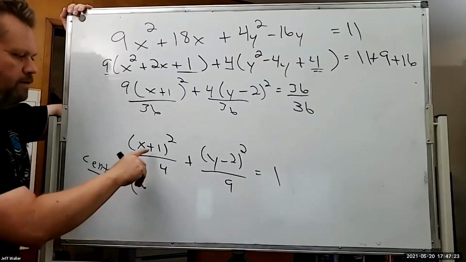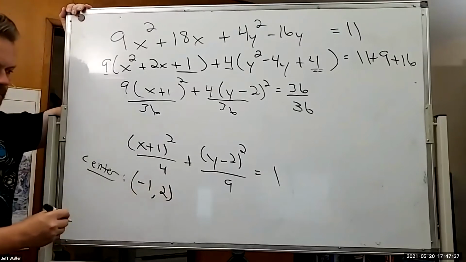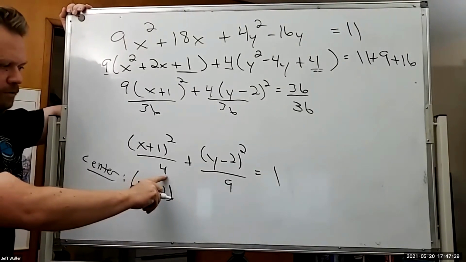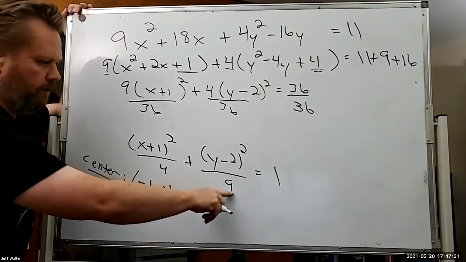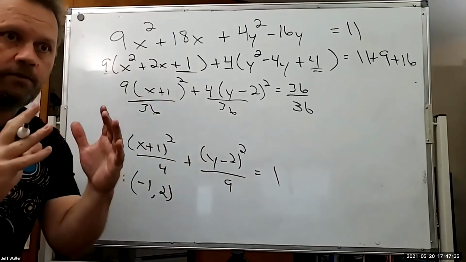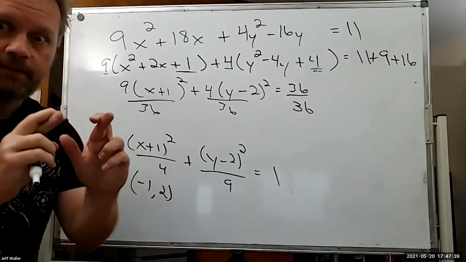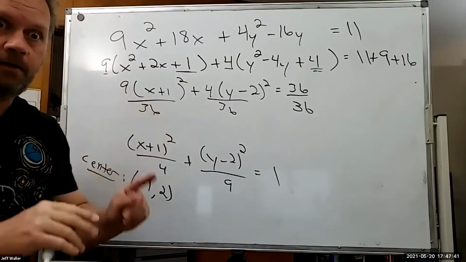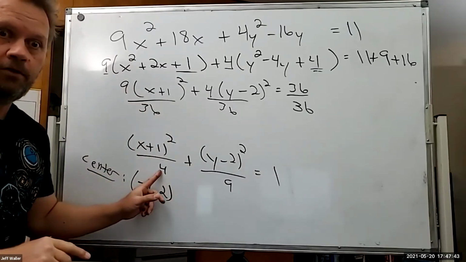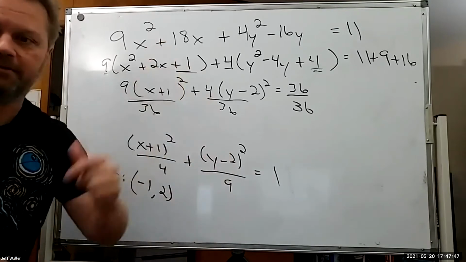All right, so the center is (-1, 2). I like it. And then, of course, I would go 2 away from this in the x direction, 3 away from that in the y direction. Once you get it into the right form, it needs to be relatively easy. Plot the center, go 2 left and right from it, go 3 up and down from it, done.